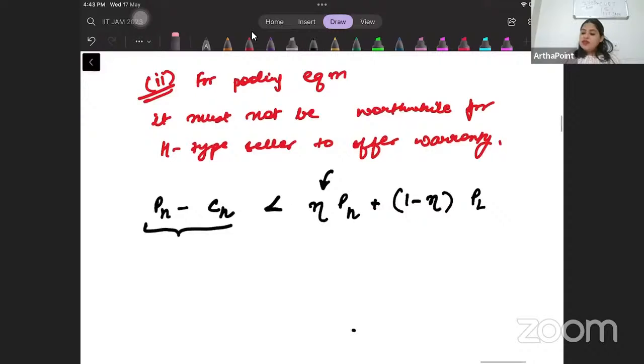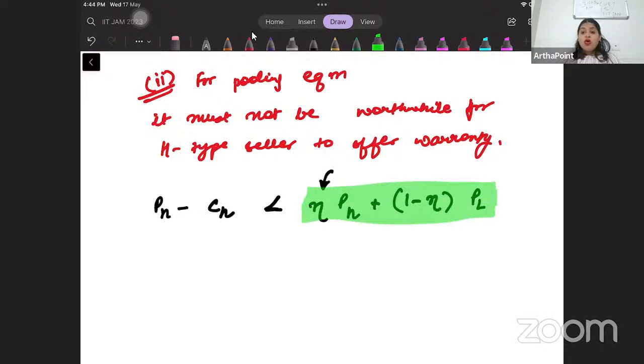So if pool करके मतलब कि जब हाई और लो मिल रहे हैं, the weighted average जो अमाउंट उनको प्राइस मिल रहा है, if that is more than वो अमाउंट जो वारंटी देकर मिलता.